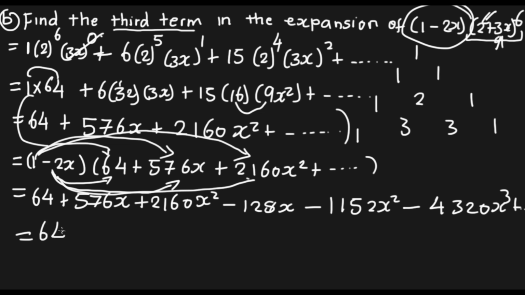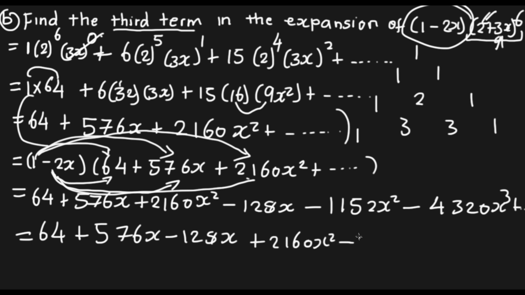So we have 64 plus 576x plus, let's collect the like terms, so minus 128x, then plus 2160x squared minus 1152x squared minus 4320x cubed.